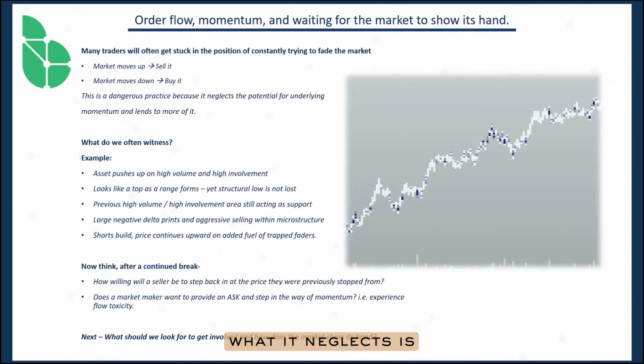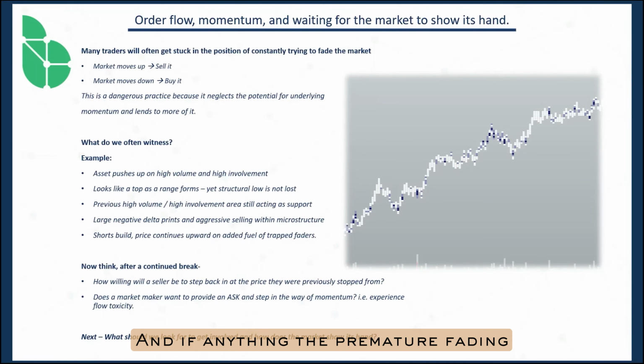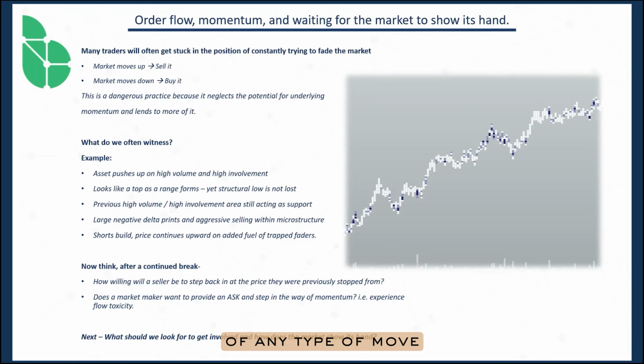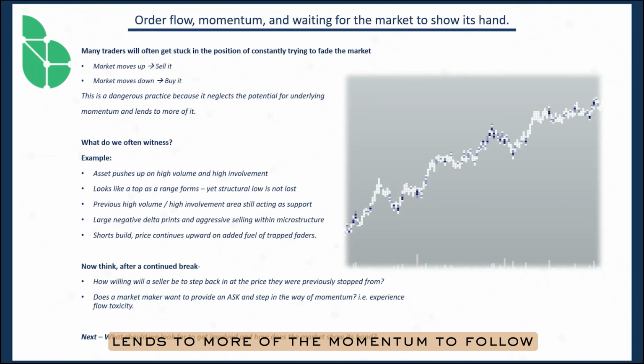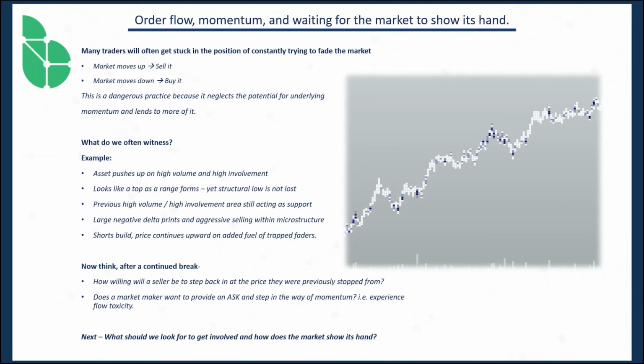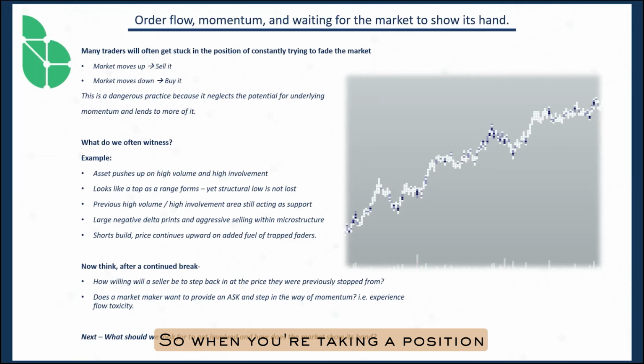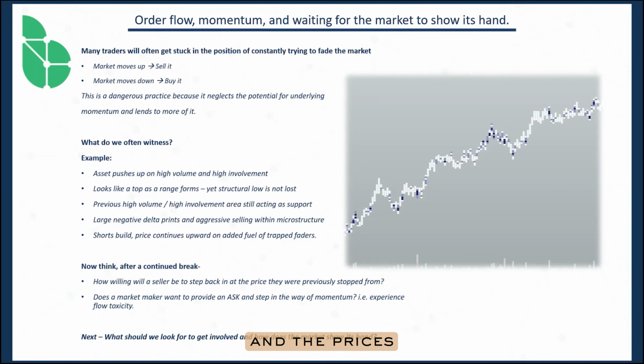What it neglects is the potential for underlying momentum, the beginning of a trend, the beginning of new momentum. If anything, the premature fading of any type of move lends to more momentum to follow. When you're taking a position against a trend and prices are still moving against you, you ultimately help the momentum that occurs as a result of you closing your position out.